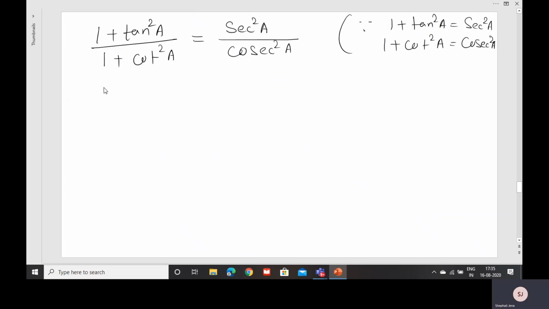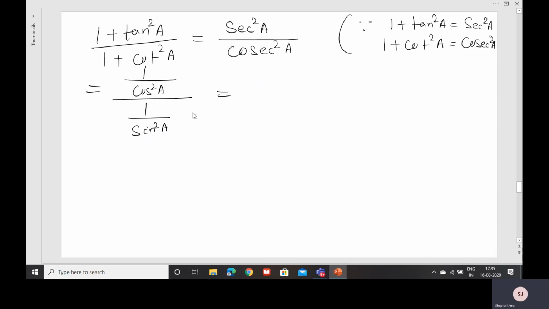Okay, so now sec square A, cosec square A, you should take their reciprocals. Sec square A is 1 divided by cos square A, cosec square A is 1 divided by sin square A. So now the fractions, numerator 1 fraction, denominator 1 fraction.